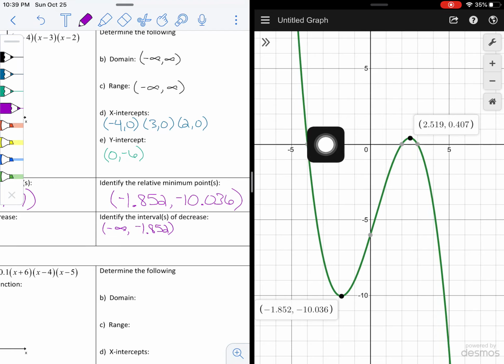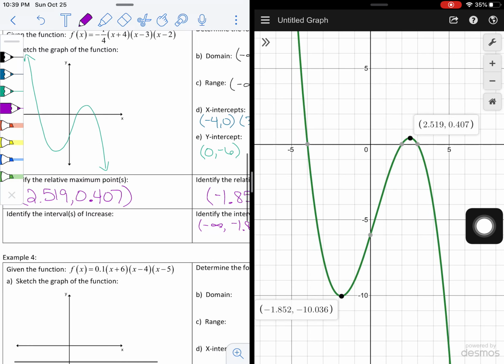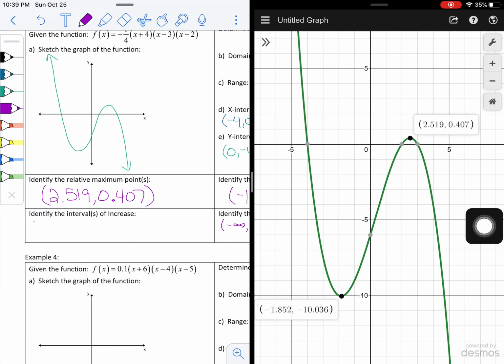So right here is that negative 1.85, all right? So from here to here on the x-axis, we want to look and see what's happening to our graph. And this part of the graph is increasing. So between those two x values, the minimum value of negative 1.852 to our maximum value of 2.519, our graph is increasing.